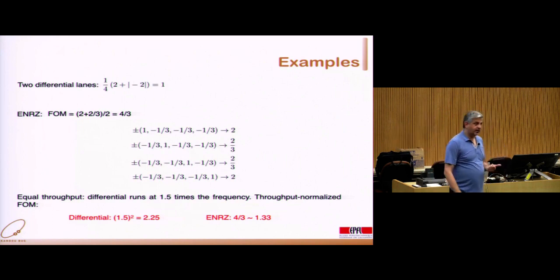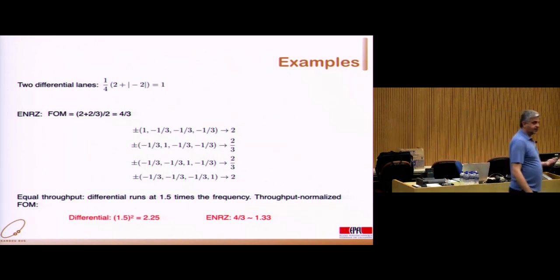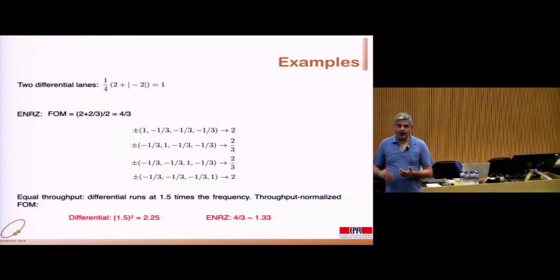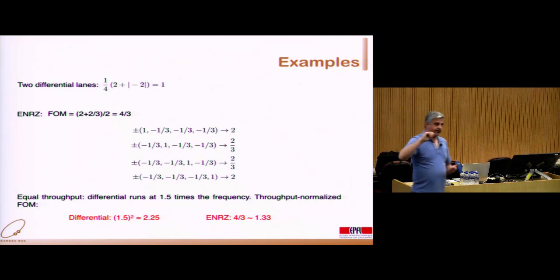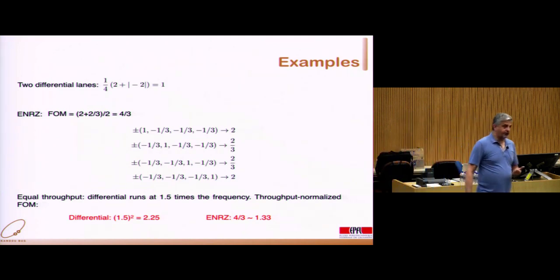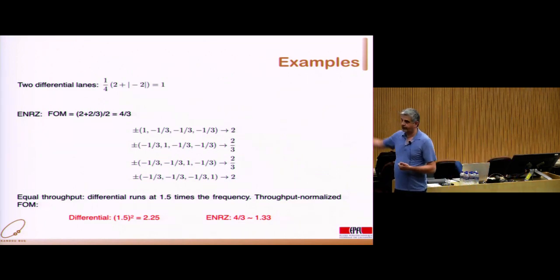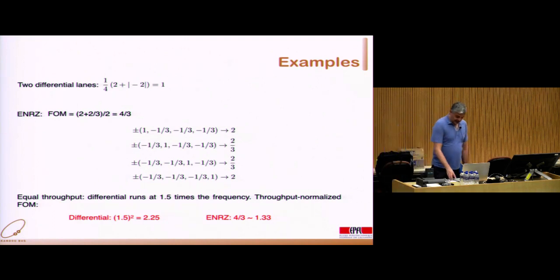It's 4 over 3, rather than 2 differential lanes, which is 1. But keep in mind, for equal throughput, the differential has to run at 1.5 times the frequency. And the far field is proportional to the square of that. So the figure of merit for differential is actually 2.25. And for ENRZ is 1.33. And at this point, nobody believes us.